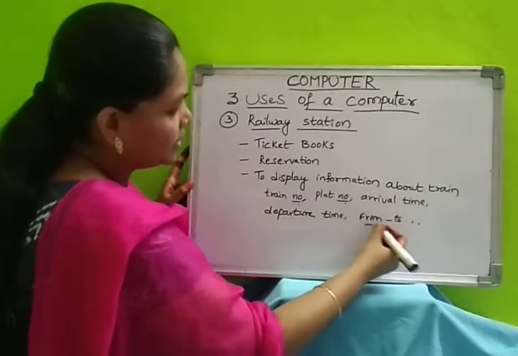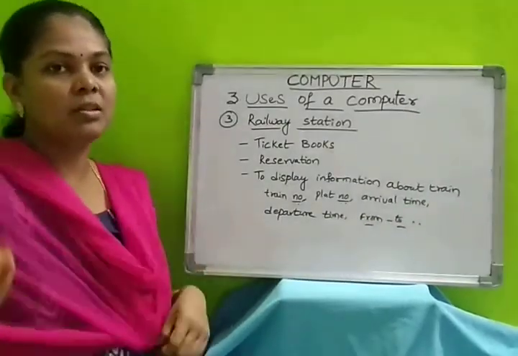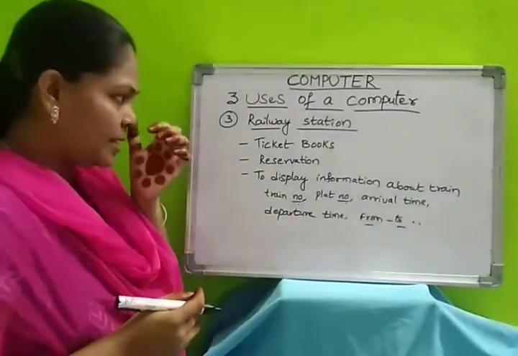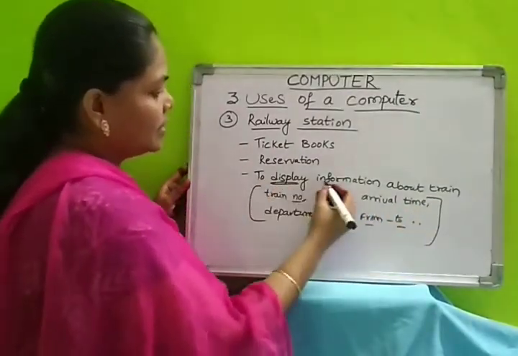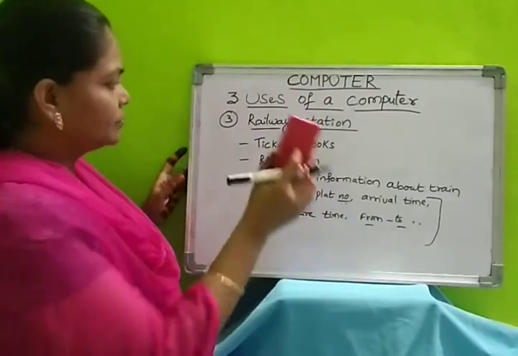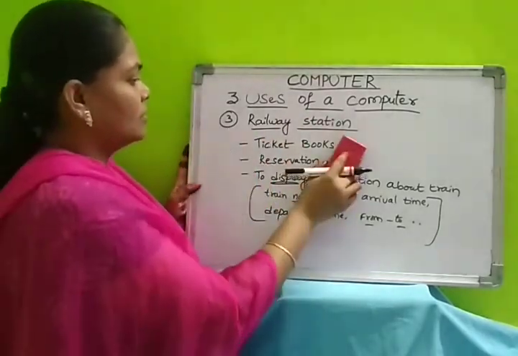So that information they will display on the display board. So that is the use of a computer in the railway station.